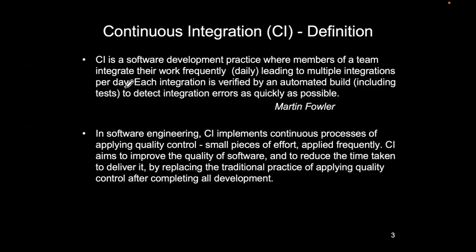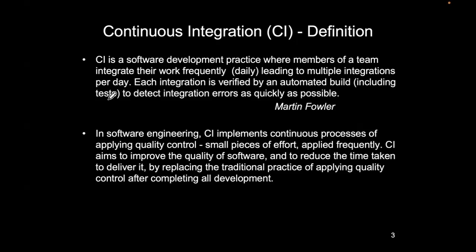We're also running automated tests as part of that build process. So the build is not just creating artifacts like our Docker images, it's also running automated tests of the actual code. And as I said, we look at automated testing at the back end of this module.